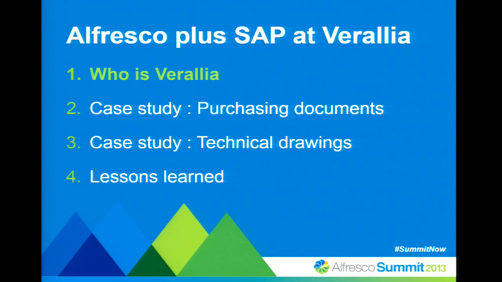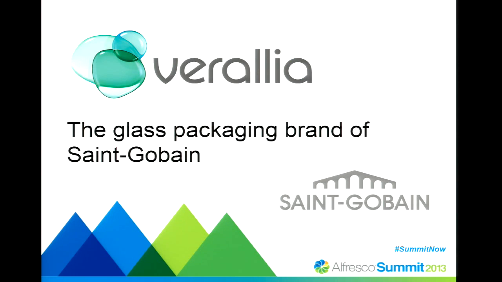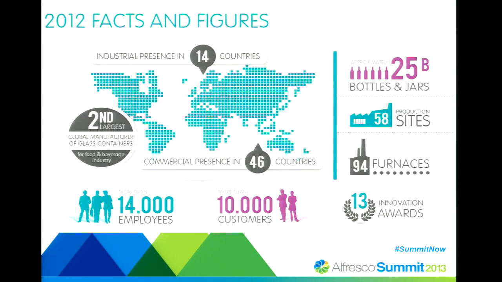Coming now to the real world. This is an example of a customer where we did such a project, a deep integration. This is the customer Saint-Gobain with a special subsidiary, Verallia. They are producing bottles, and I just give you a short overview.